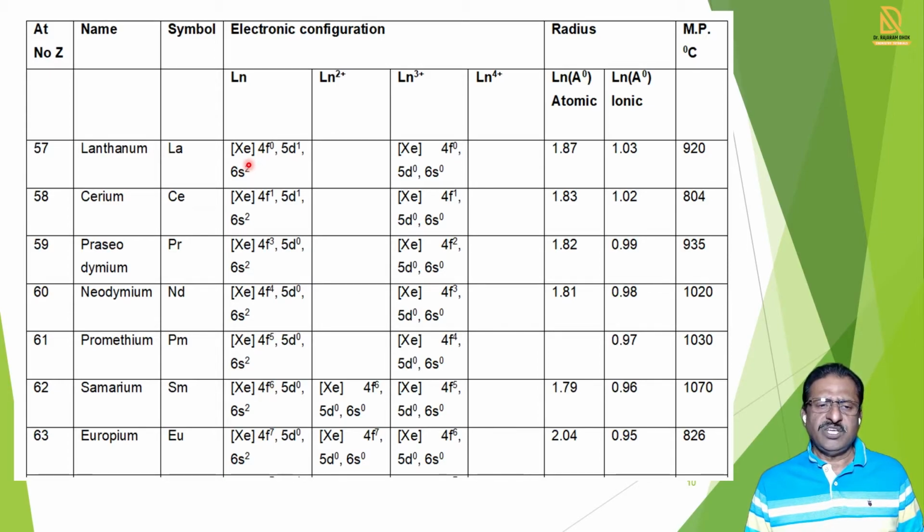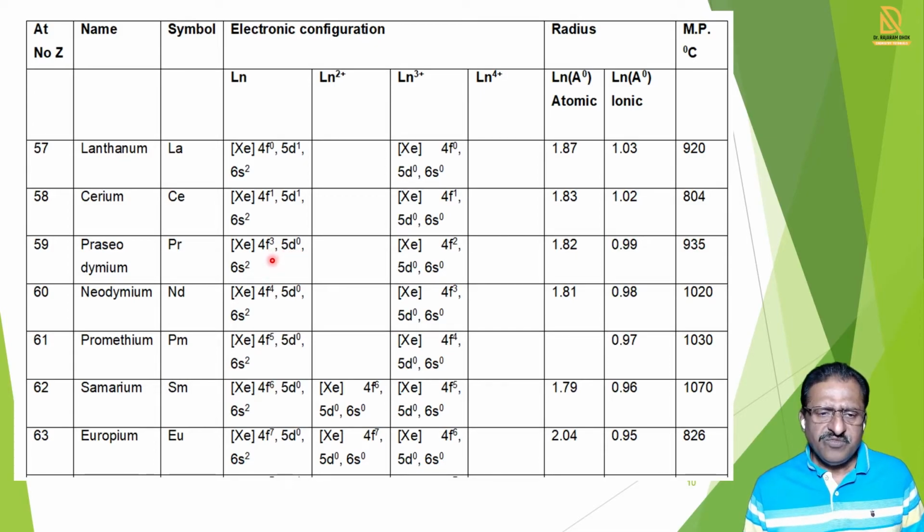So we write xenon in square brackets, and after that write 4f0. In lanthanum, 4f does not contain any electrons, so 4f0, 5d1 and 6s2. Now in Ce, one electron is filled in the f orbital, so 4f1, 5d1, 6s2. Then praseodymium: up to xenon is the same, 4f3, 5d0 and 6s2.